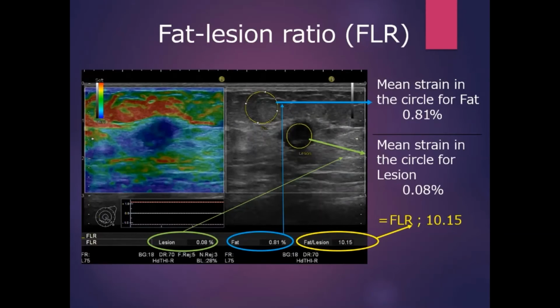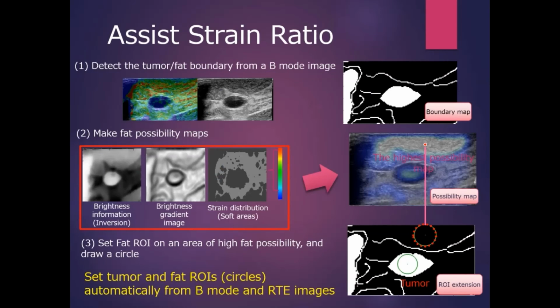This is an actual image of FLR. This case indicates that the lesion is 10 times as hard as the subcutaneous fat. It takes some time and steps to draw circles on the lesion and the fat. So Aplio supports a function named assist strain ratio.